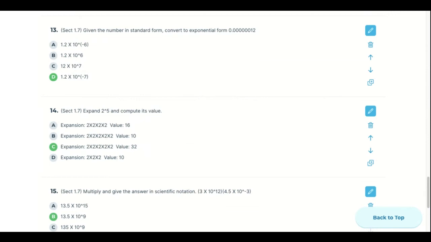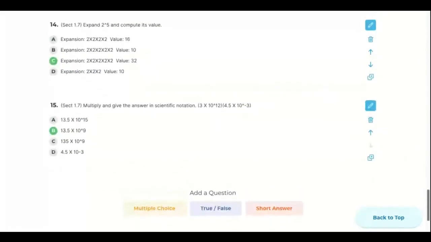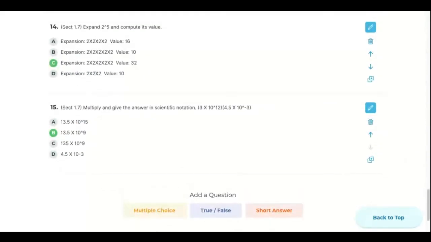So that would be 1, 2, 3, 4, 5, 6, 7. Since this number started off being a number less than 1, this is a very tiny number. Seventh. You can show yourself moving the decimal as your work if you'd like.